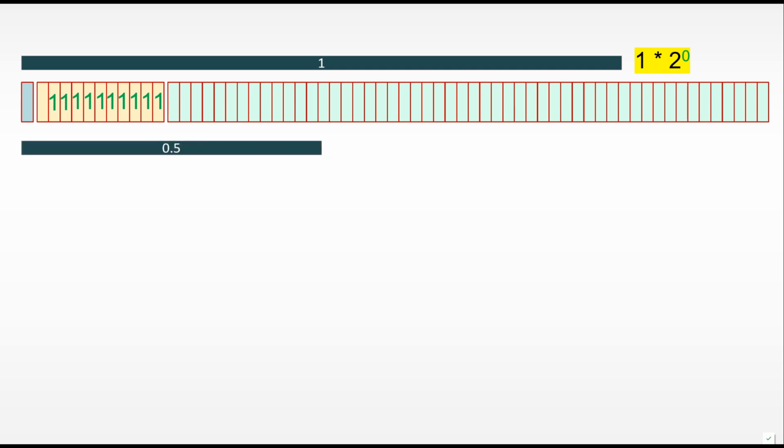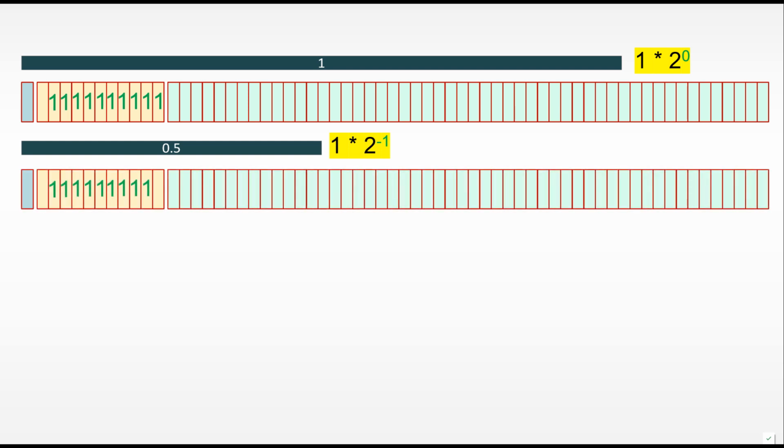If we have 0.5, which is 1 divided by 2, in binary this would be 1 times 2 to the negative 1. We again have something straightforward where we have only ones in the exponent and then 0 in the significand. If we divide this number by 2 and end up getting 0.25 in decimal, in binary this would be equal to 1 times 2 to the power of negative 2.